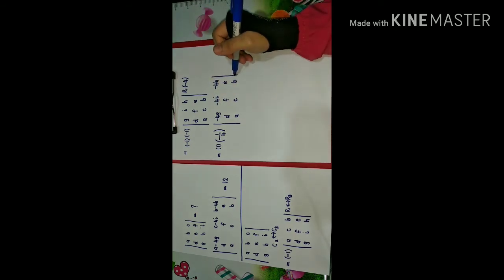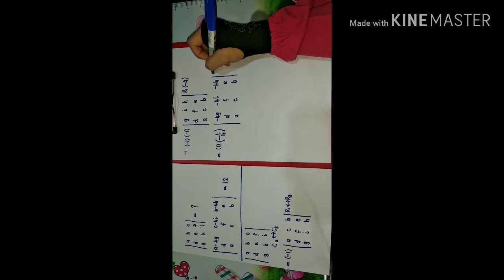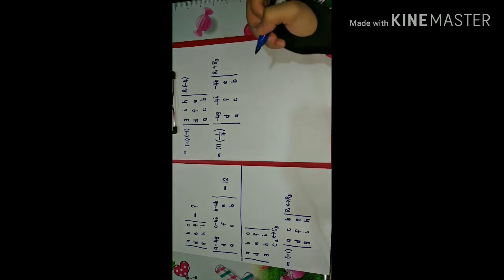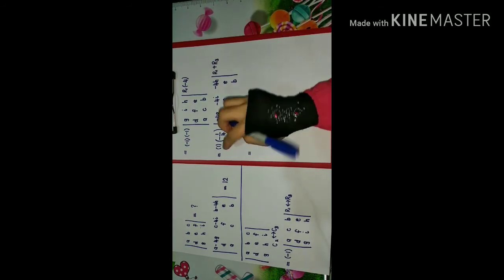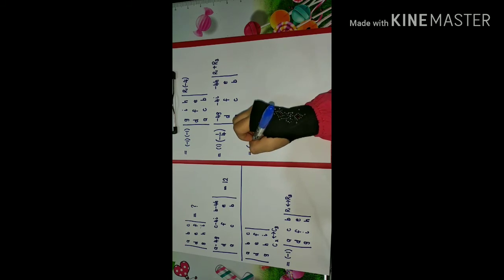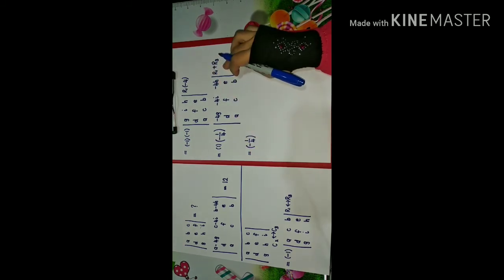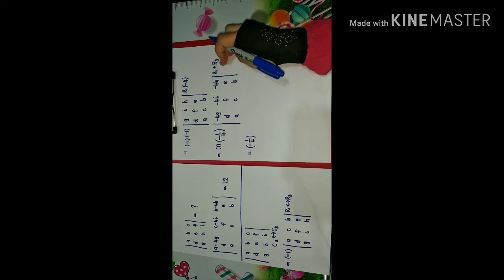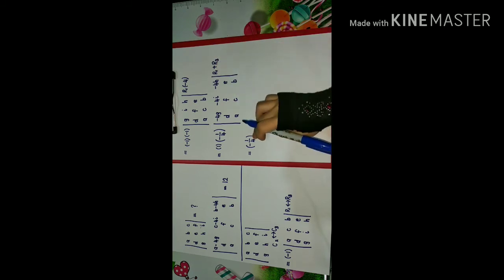So it involves R3. So first you write here R1, and then you plus with R3. Alright, so 1 multiply with -1/4, you will get -1/4. Okay, so what happened on the determinant? If we perform this kind of operation, no effect. So you don't have to write anything.